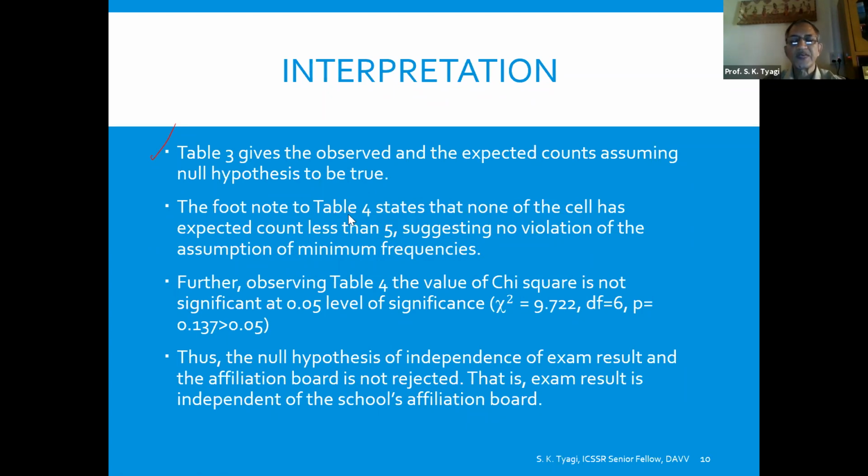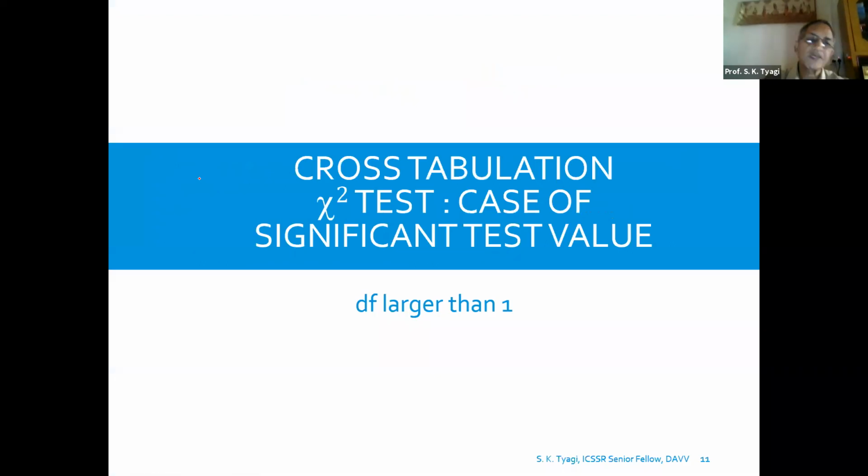First of all, we see whether the assumption holds good or not. So the footnote to table 4 states that none of the cells has expected count less than 5, suggesting no violation of the assumption of minimum frequency. So we are safe. Minimum frequency assumption is not violated.